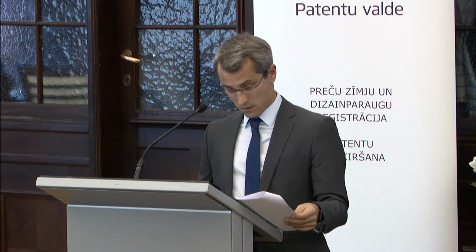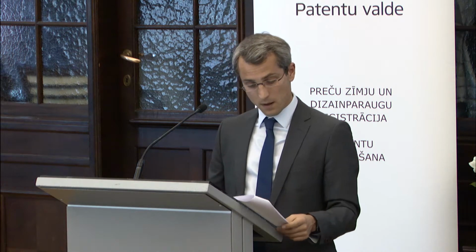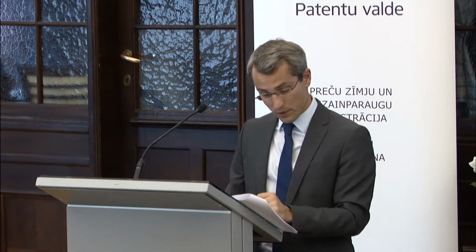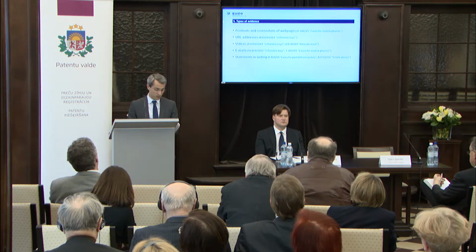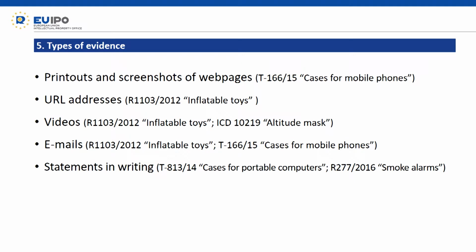Okay. So talking about the types, the most common types of evidence used to prove the disclosure are, of course, printouts and screenshots of web pages. When I'm talking about the printout, it's basically when you print the web page the way it is.